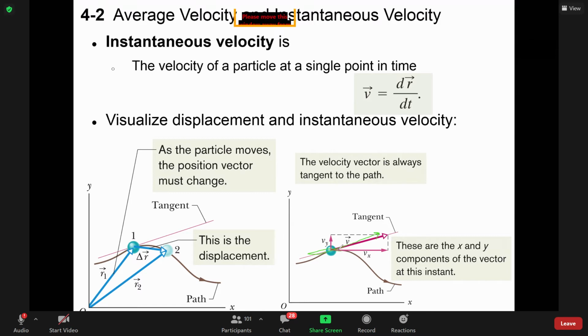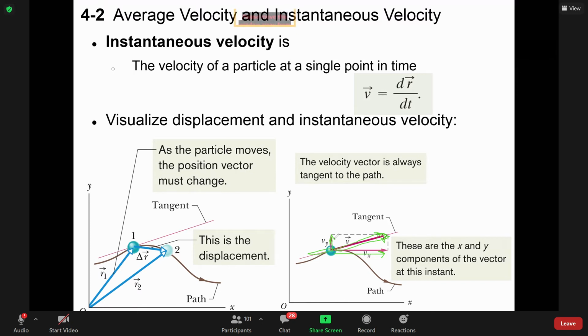Since this velocity is in 2 dimensions, it has 2 components. If I analyze it into x and y components, I get V instantaneous x and V instantaneous y, because a vector like this you cannot use directly. You have to analyze it into both its components, x and y.